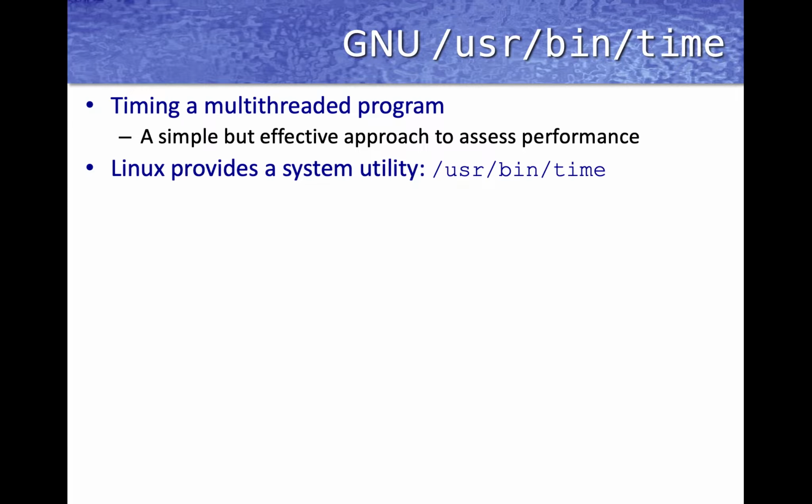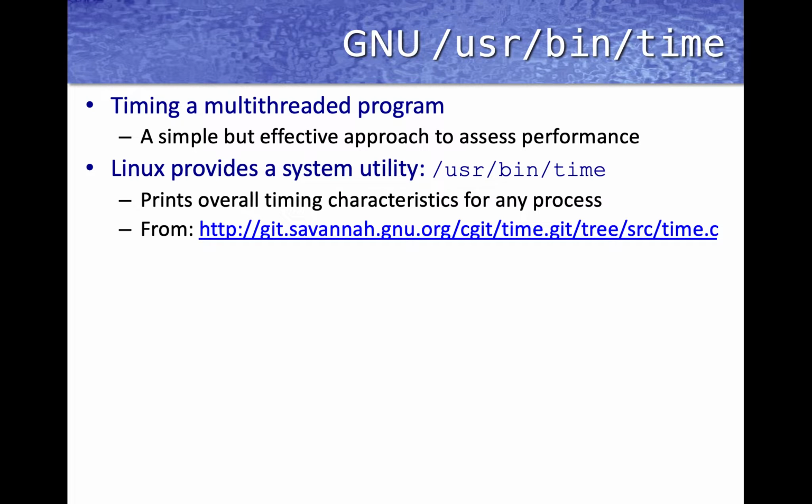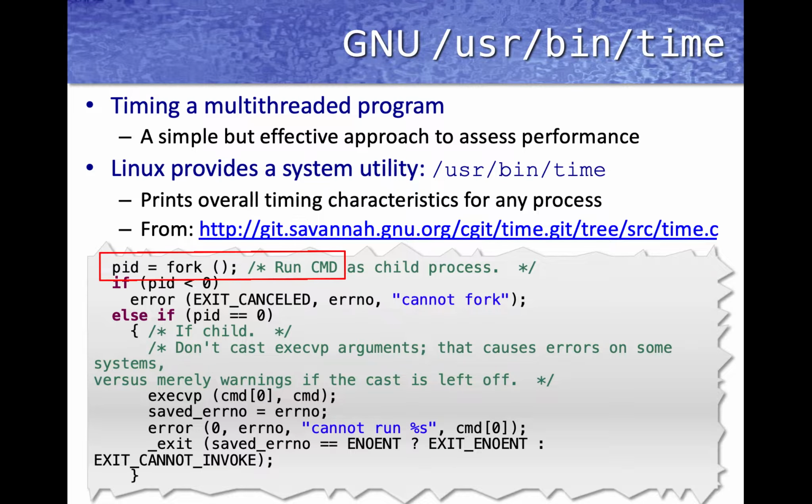GNU Linux provides a GNU system utility called /usr/bin/time that prints the overall aggregate timing statistics for any given program or process that is being run. The way /usr/bin/time works is that it first forks itself to create a child process, and in the child process, it executes the command that's being supplied.